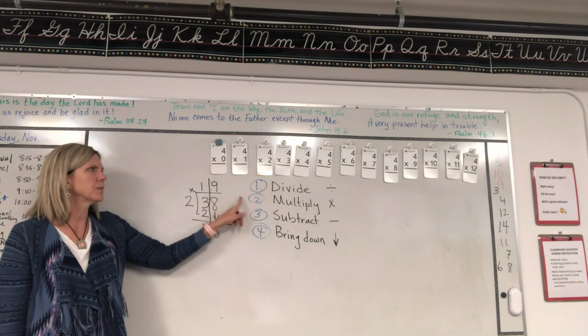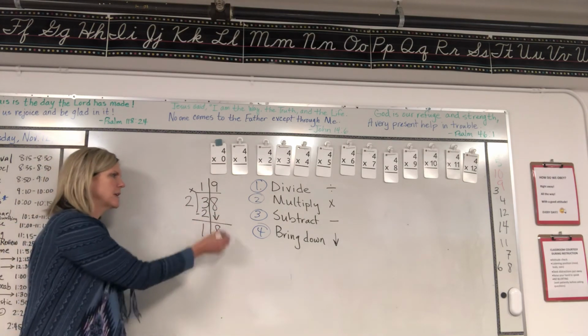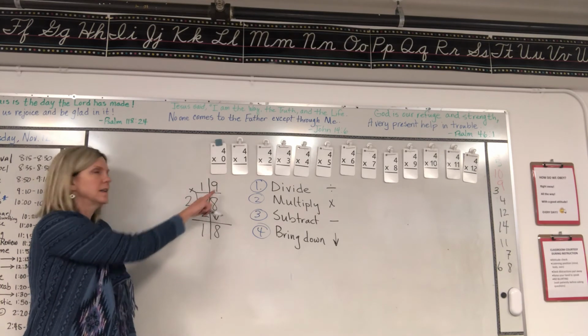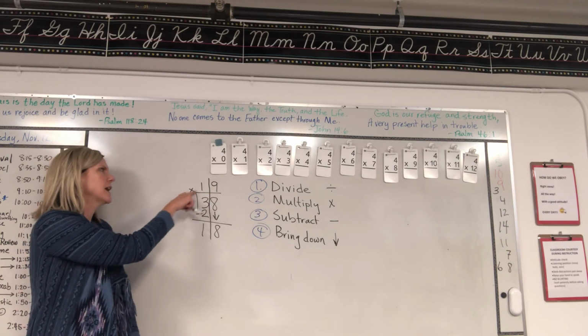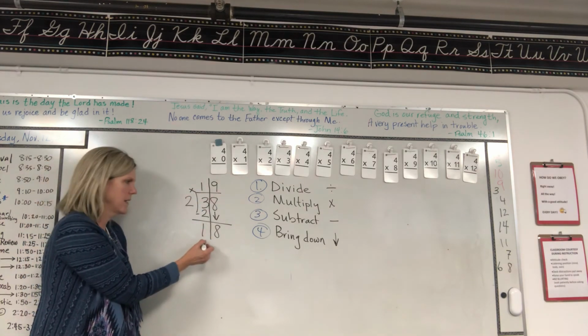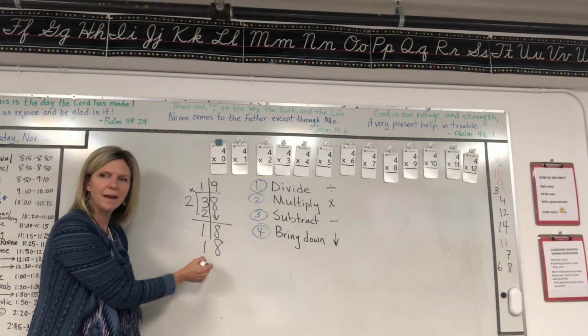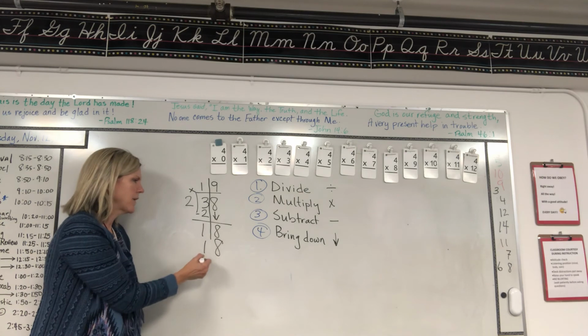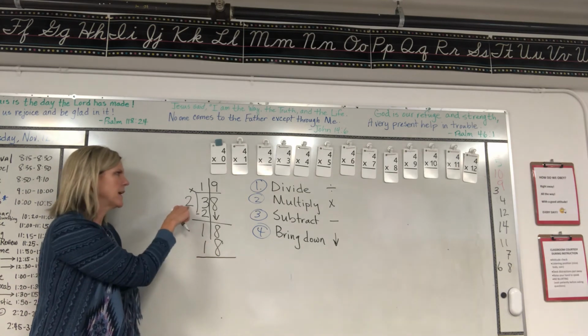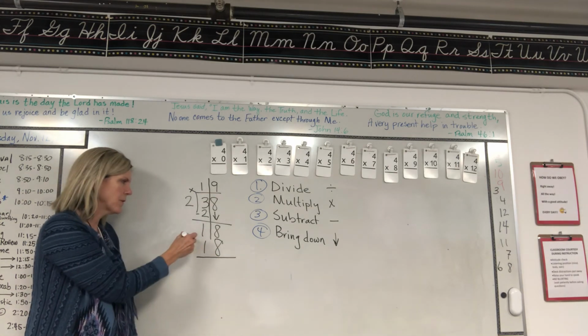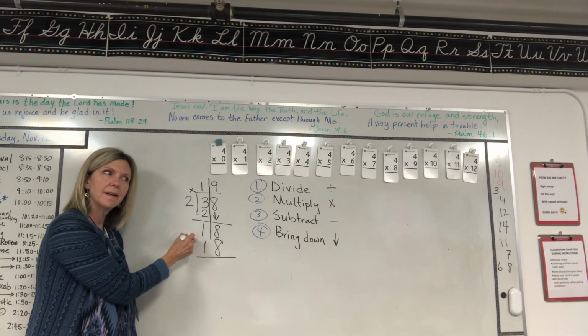And now we're going to multiply. So we just divided 18 by 2. We said 9. Let's test it by going 2 times 9 is what, everyone? 18. 2 times 9 is what? 18. So we put our 18 there because we just multiplied. 2 times 9 is 18. Now we're going to subtract.